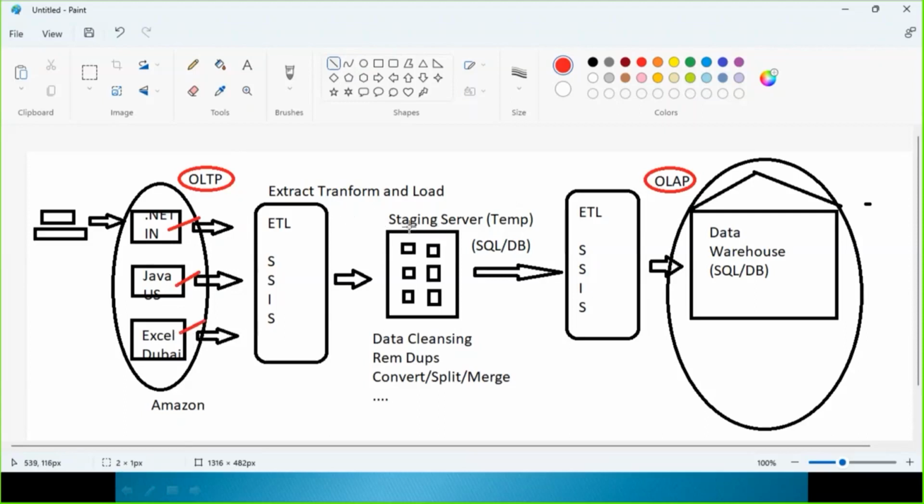So bag is staging. Staging means temporarily you have to store somewhere, right? You have a carry bag. In the carry bag, you buy brinjal, cabbage, potato, tomato, aloo, everything you are putting into your bag.